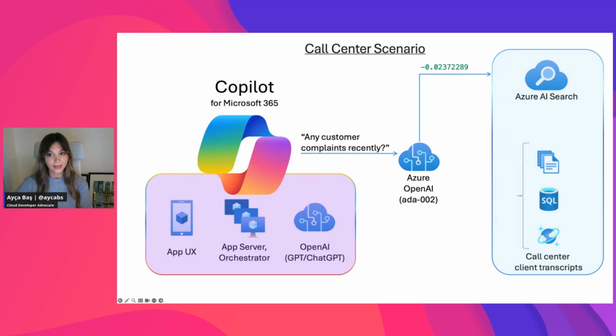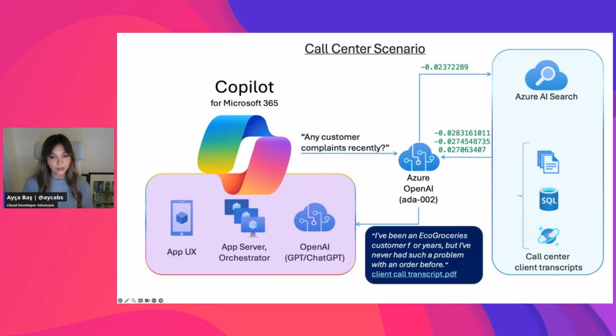It's going to look like an embedding. We will send this to Azure AI Search and make a hybrid search behind the scenes. Then Azure AI Search will return us some data about this question. I just want to highlight that even though customers calling don't use the word complaints, we will be able to find this information.